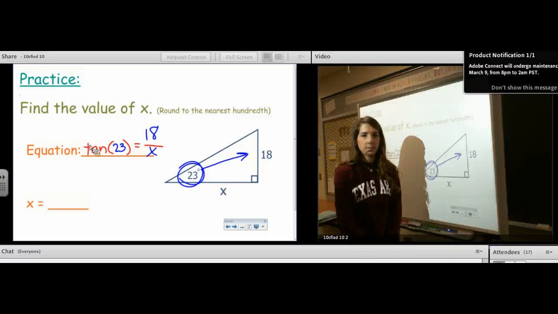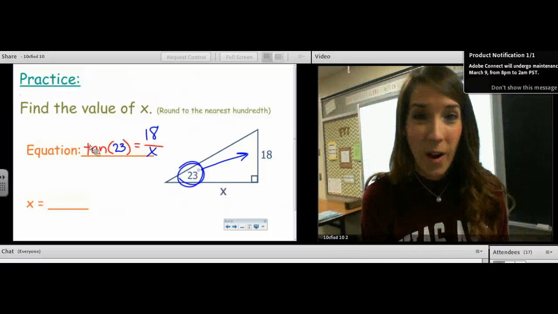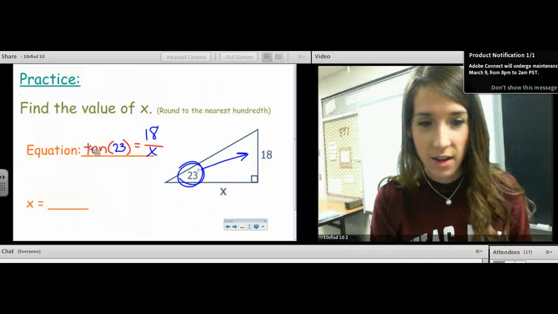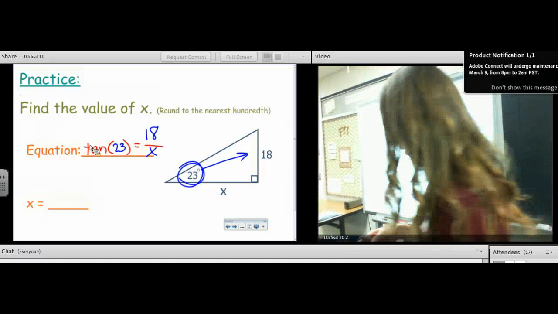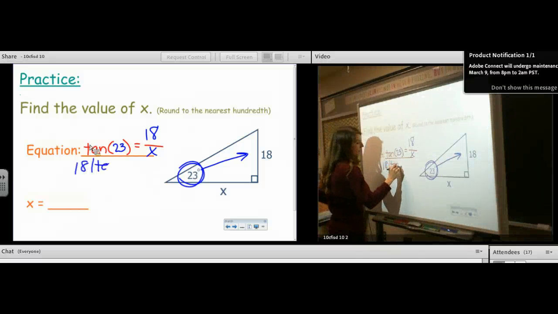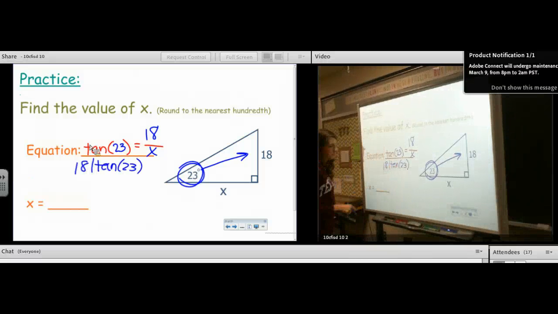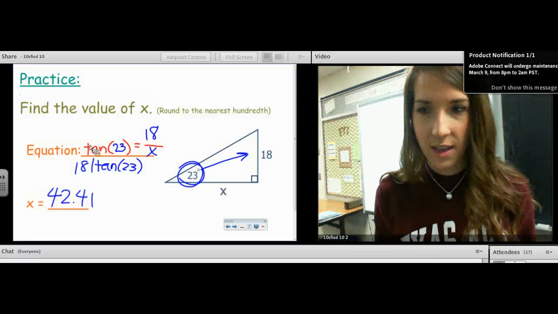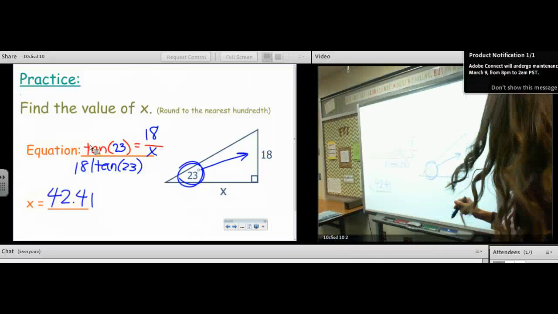It's x. And then where's x? Where's Waldo? Where's x? It's in the denominator. Denominator divide. 18 divided by tan 23 is 42.41. Yay! Everybody with me? Can we move on? Easy smeezy.